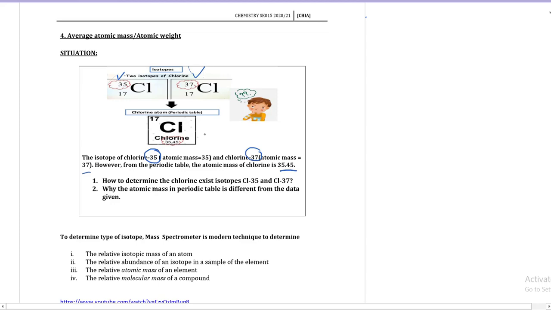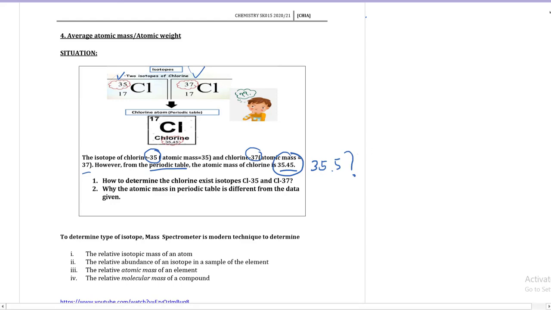But in your periodic table, they won't write down chlorine with mass 35 or 37, but they will write 35.45, or some books use 35.5. So why didn't they write the atomic mass in the periodic table as 35 or 37?